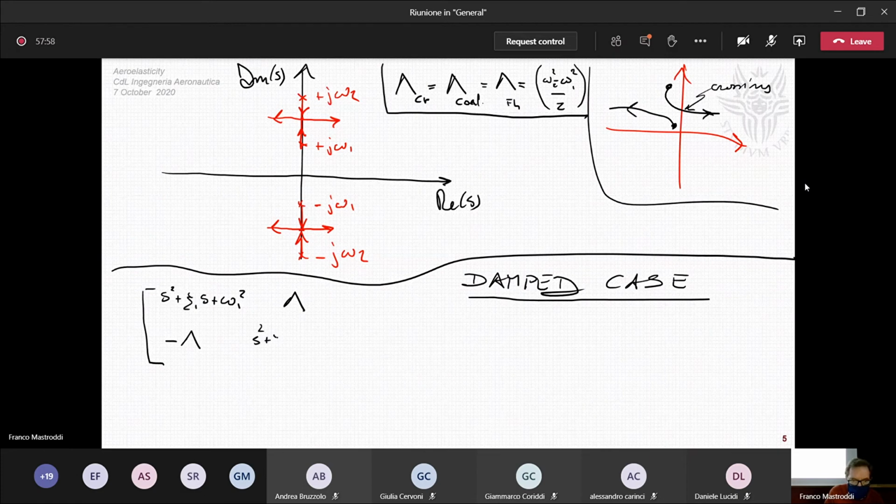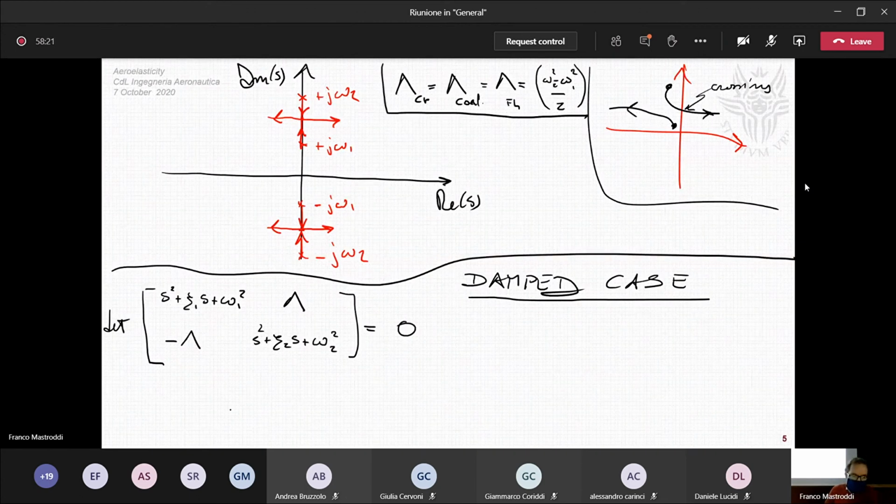Note that also in this case the structural oscillators associated to our system are quite independent. If you put lambda equal to 0, again, we have the damped systems separated. So we can determine the poles by imposing this determinant to be 0.